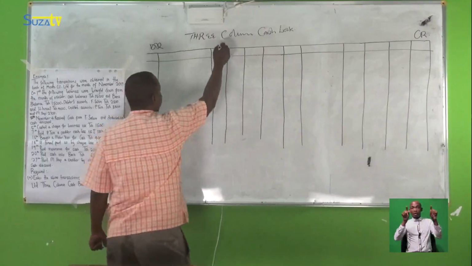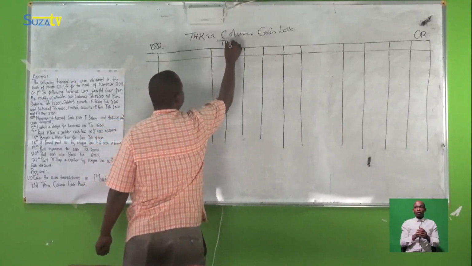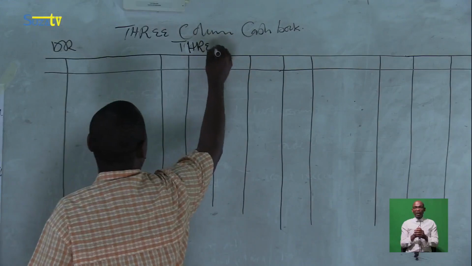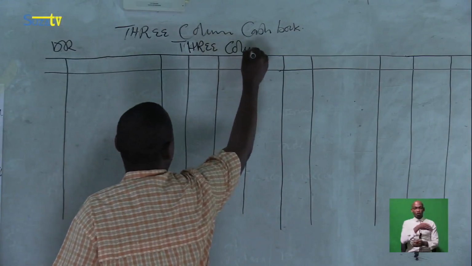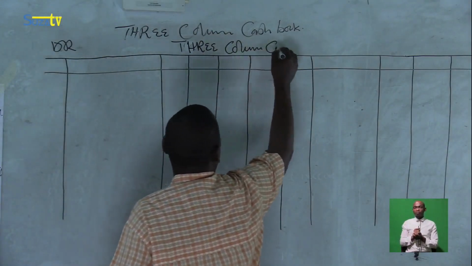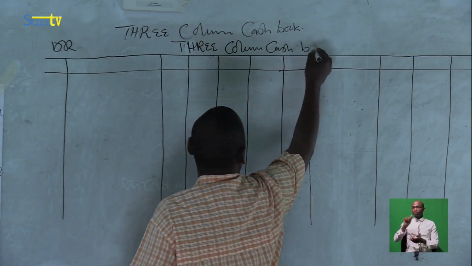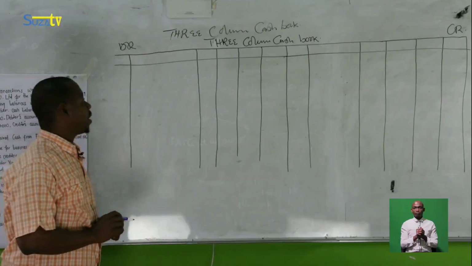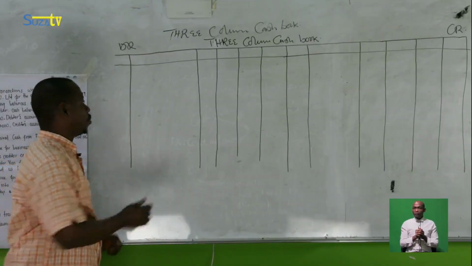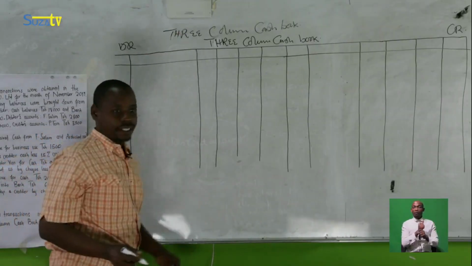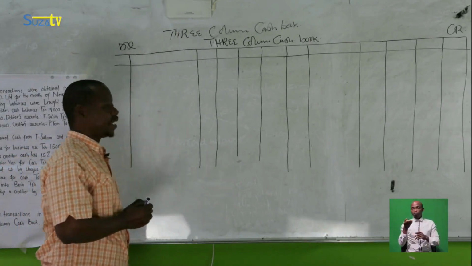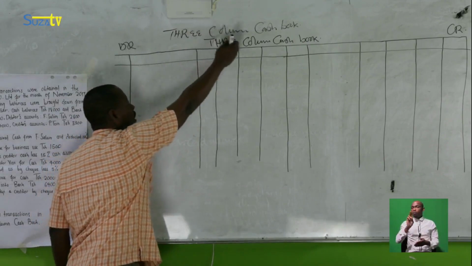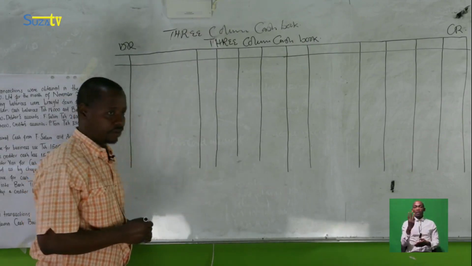The title is 3-column cash book. If you have the name of the trader, you put it here. Like that, if the name of the trader is Muhammad, you put here, Muhammad 3-column cash book.